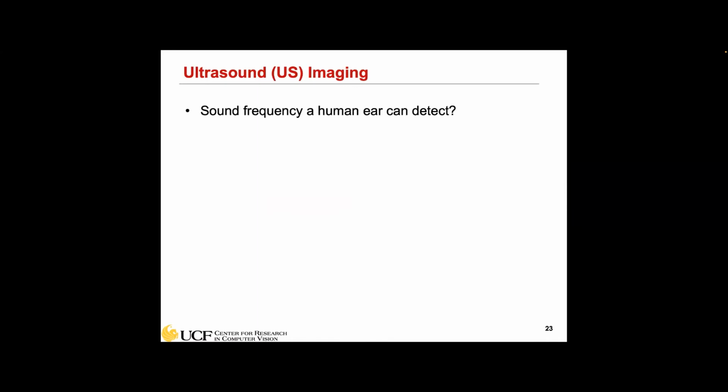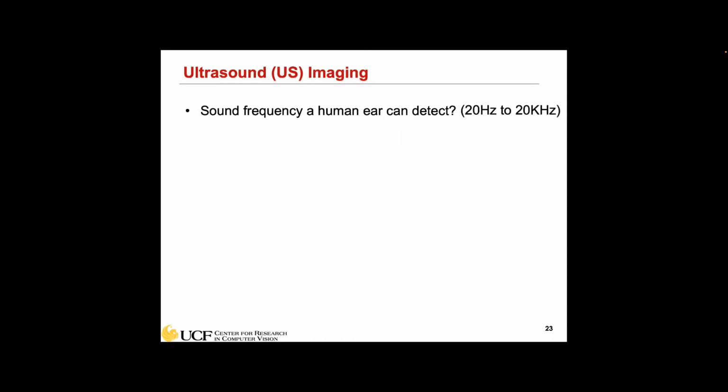Okay, so now the next is ultrasound imaging. Before I talk about ultrasound imaging, I have a quick question. Do you know what's the sound frequency range a human ear can detect? From 20 hertz to 20,000 hertz.